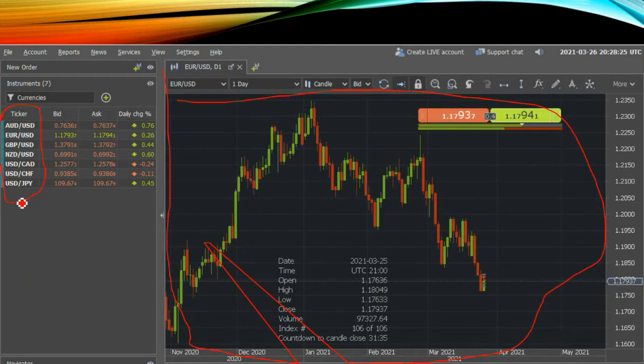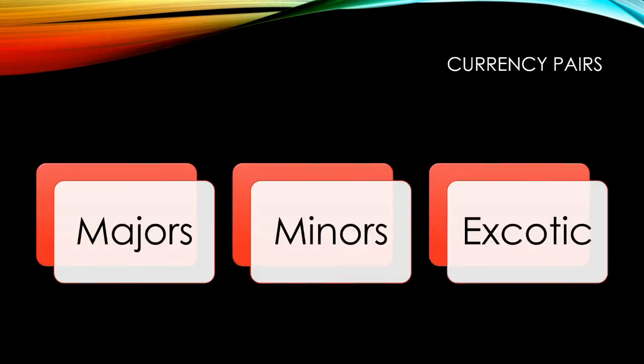USD is a major currency because it is the strongest currency and it has the highest reserve also, and EUR/USD is the highest traded currency pair in the whole world. So you should know this.